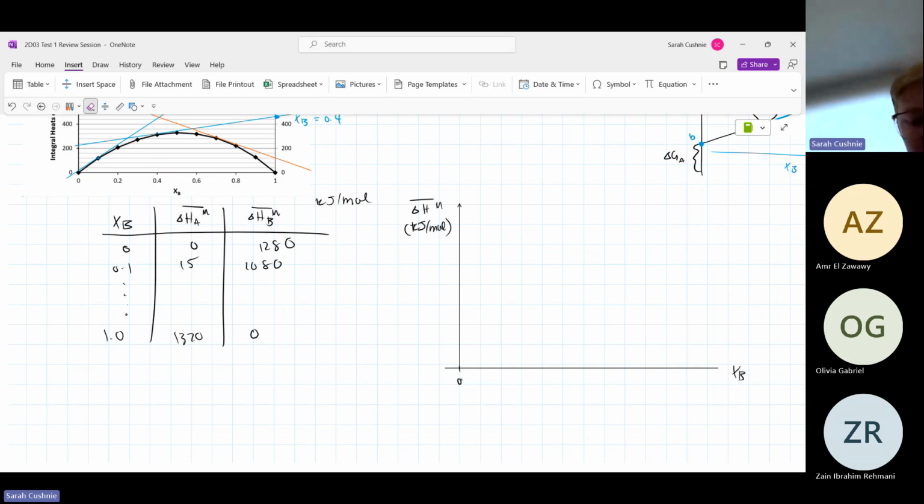So we're going to have 0, 0.2, 0.4, 0.6, 0.8, and then 1.0. Literally all I did is I took these values and I plotted them. This is what I did, I did A like this, and I did this for B.